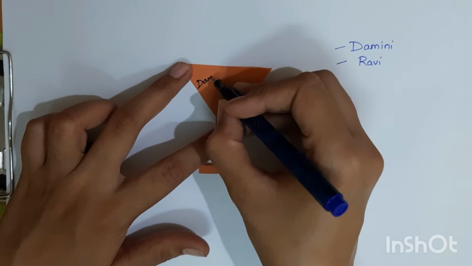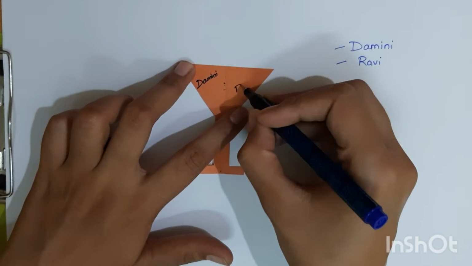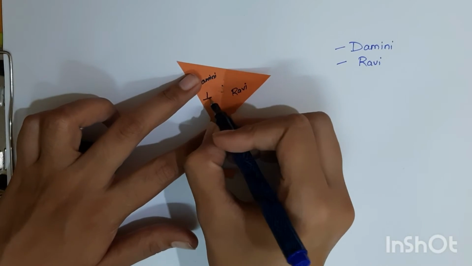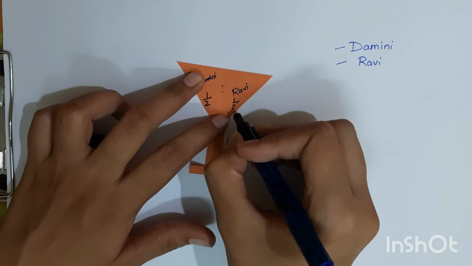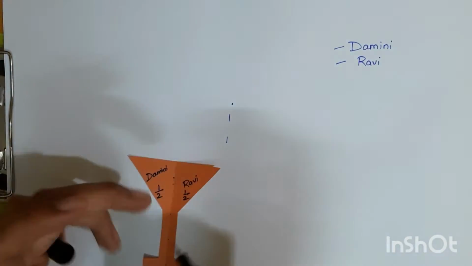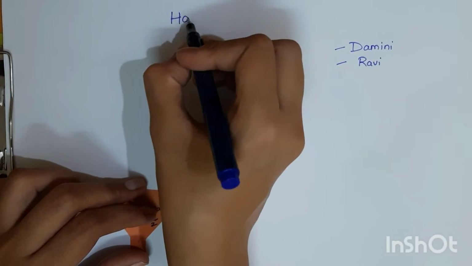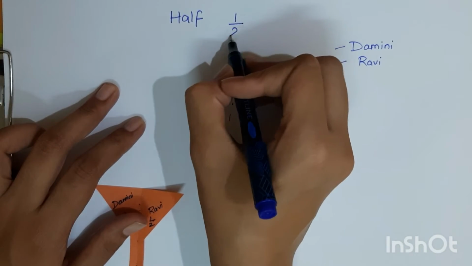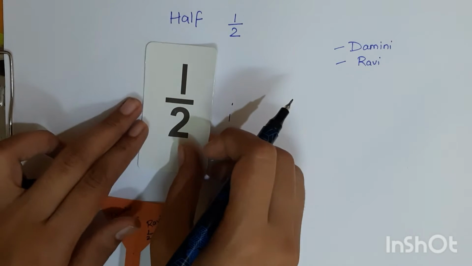Then we can give one piece to Damini and one piece to Ravi. This is half and this one is also half. We write half as 1 upon 2 like this.